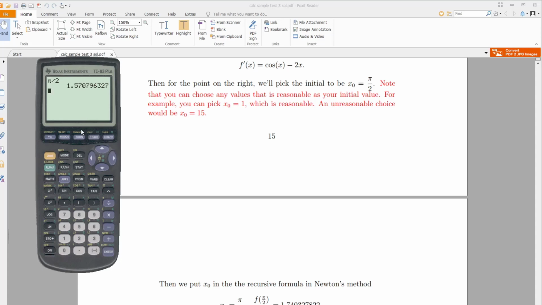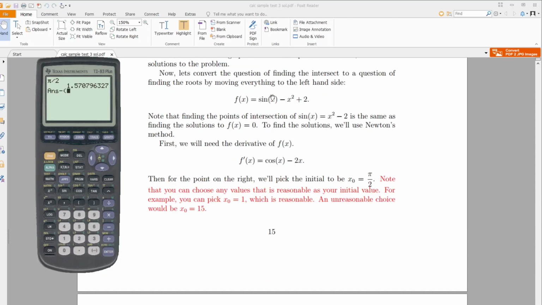So now, how do you proceed? Well, you are going to type second answer minus open parenthesis, type in f of x. f of x is up there.